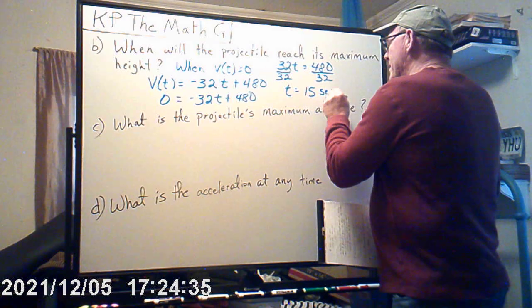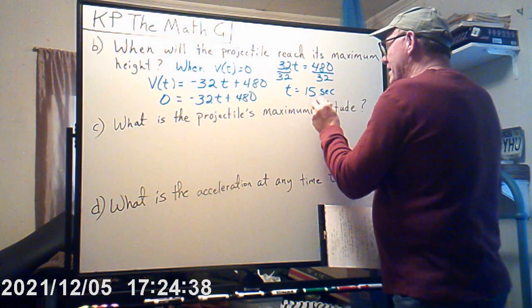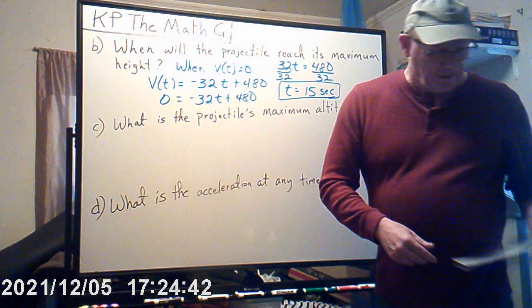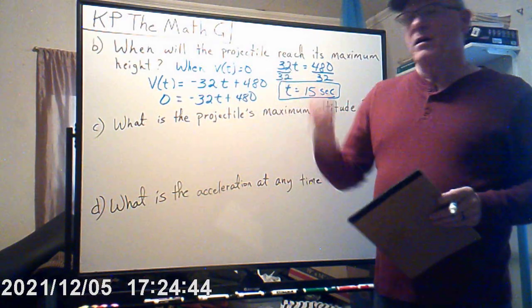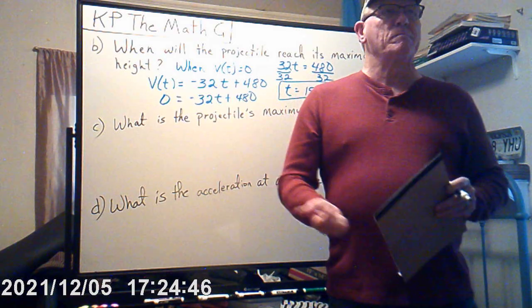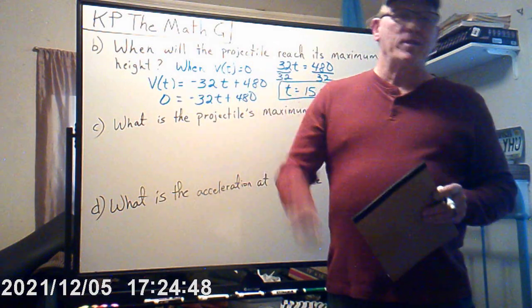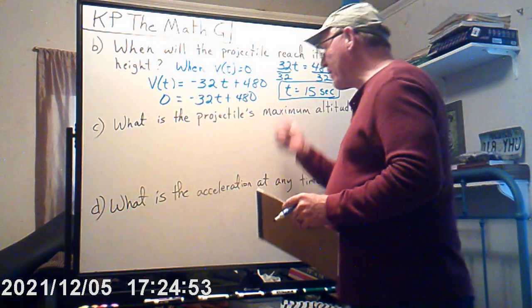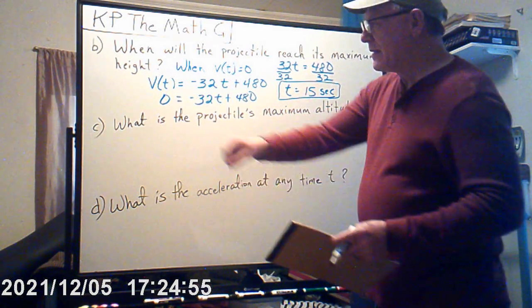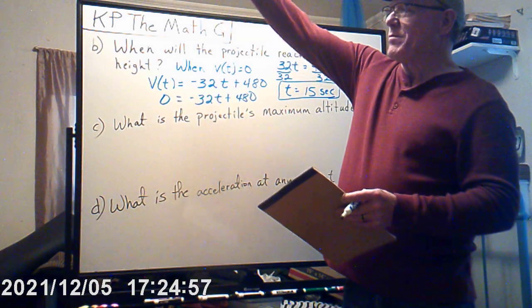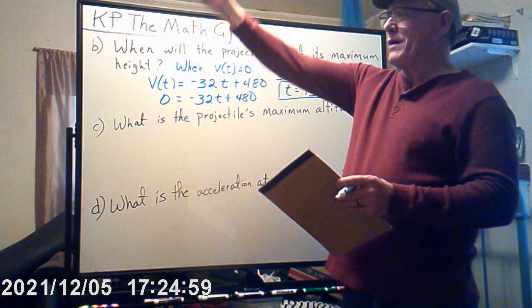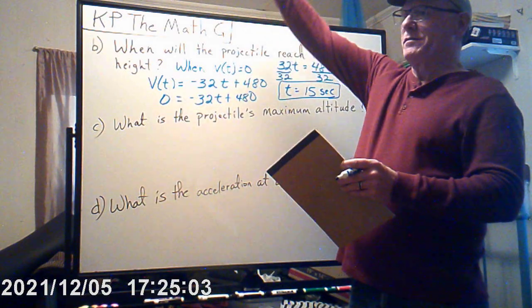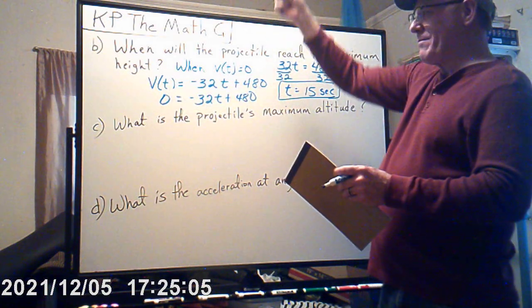And when you think about this, it does make sense, doesn't it? Because there's no wind resistance, it's going to go up the parabola in the same amount of time as it comes down.